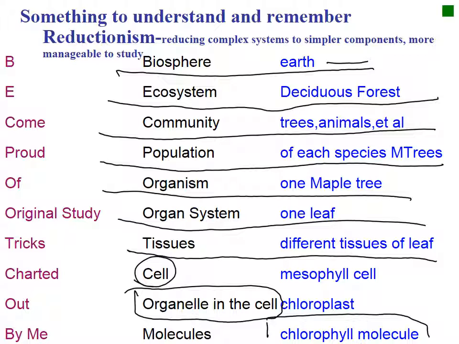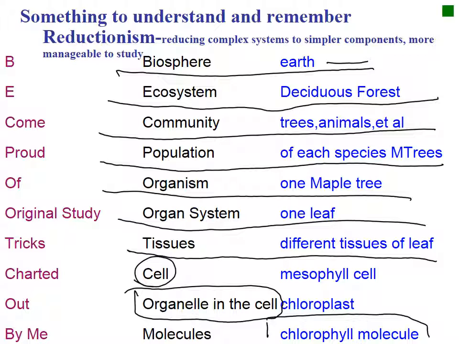Then you can choose one organ system and see what all the things are that it has and what the function of each part of that leaf is, what the stomata are, what the transpiration rate is, and so many things you can read. And then each tissue, everything is composed of a group of cells.